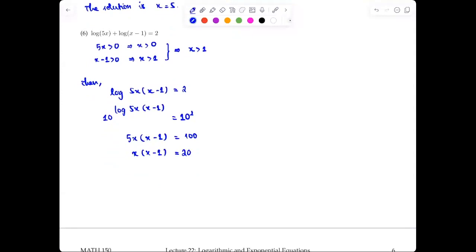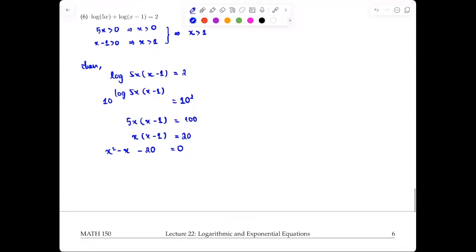And again, at this point, technically, you're solving the quadratic equations. So you have x squared minus x minus 20 equal to 0. And you can factor this quadratic equation. You get x minus 5 times x plus 4 equal to 0. And you have x equal to 5 or x equal to negative 4.